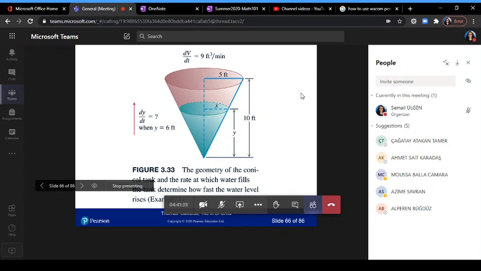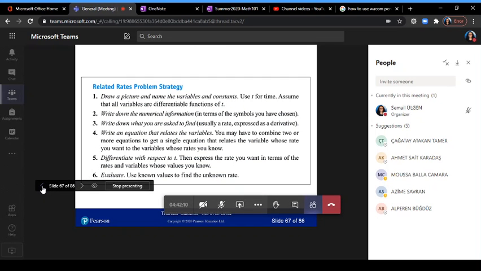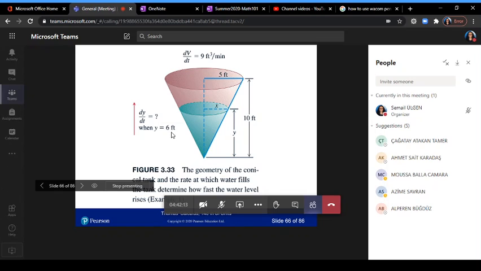On my side I have y over 2 squared, so it is y squared over 4. 4 times 3 is 12, so pi y cubed over 12 is on the right hand side. You just take the derivative of both sides with respect to time, and dV/dt is given. dy/dt is going to be on the right hand side, and y is equal to 6 feet is given too, and you can find it like this. That's how you would solve for dy/dt when y is equal to 6 by using this relationship.